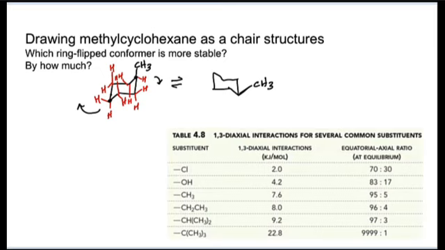What happens when a group, an R group, like a methyl, is in an axial position, is that the hydrogen atoms that are coming off of this group are getting close to the electron clouds of the hydrogen atoms that are also in axial positions. And so those positions are at carbon 1.